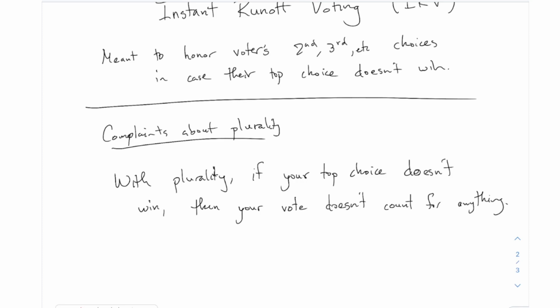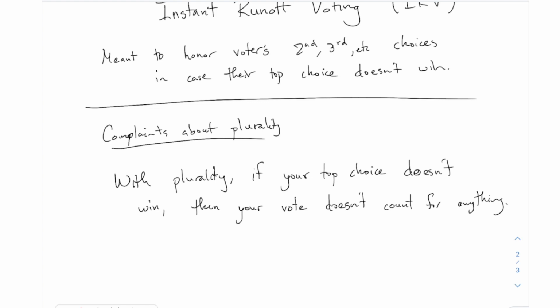Your vote only really matters if your top choice is going to win. And if your top choice is not going to win, and I don't know if you all have voted before, but this is something that every voter knows, if my top choice isn't going to win, I might as well just stay home, right?